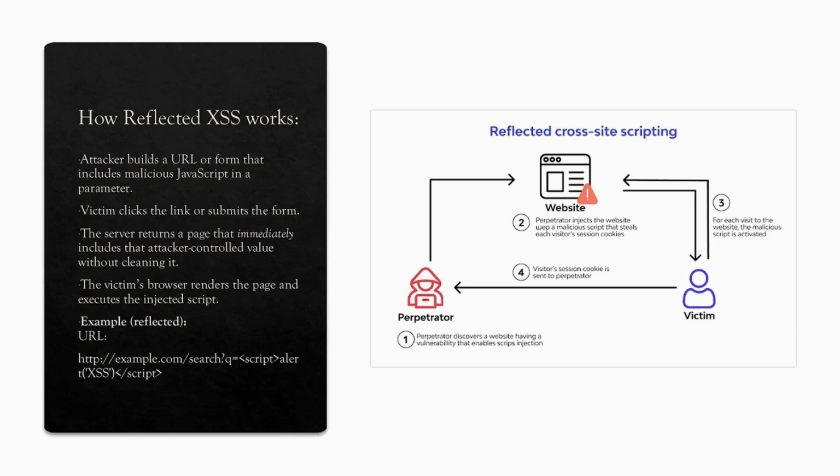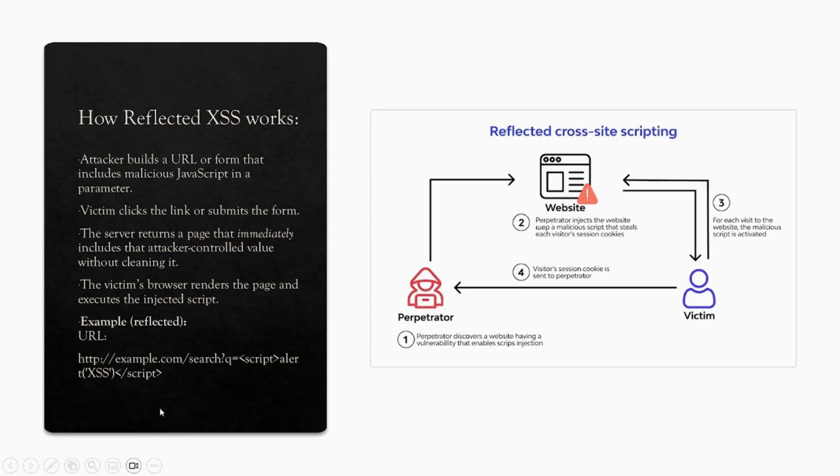a response page that includes the attacker's input without cleaning it, because the server is just echoing the value back. The browser treats it as a part of the page and runs the code, the attacker's code. I've given a simple URL example, that is search query script alert. So here, if the site puts the query value string into the HTML, the script runs as soon as the page loads.